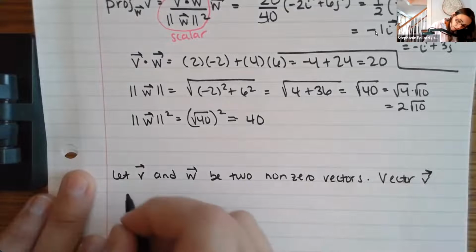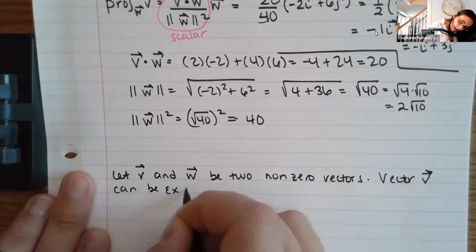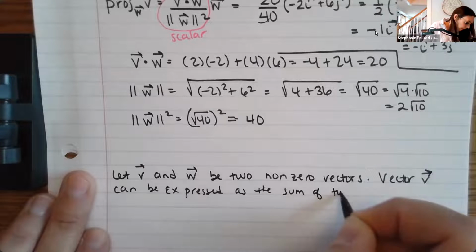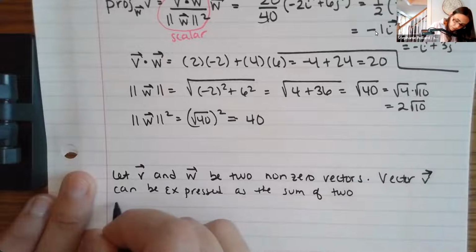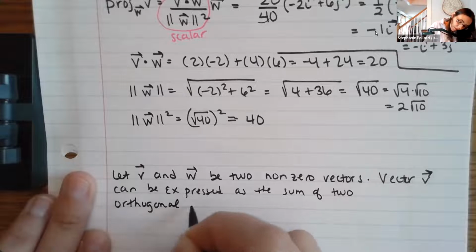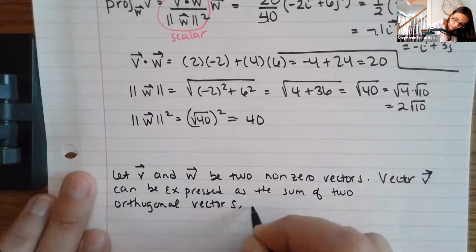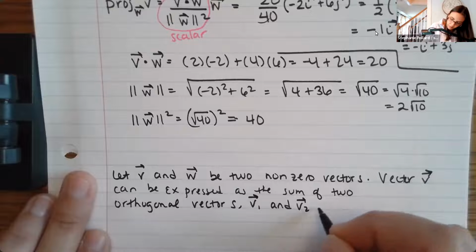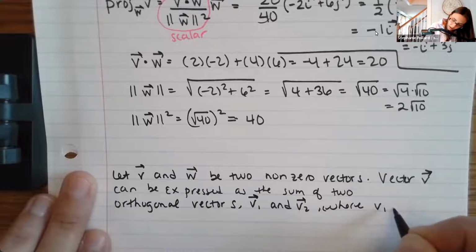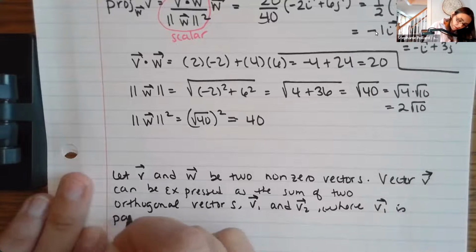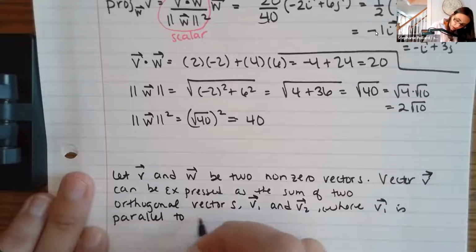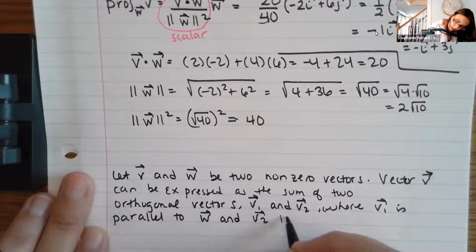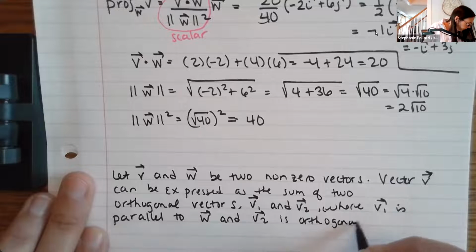Vector v can be expressed as the sum of two orthogonal vectors, call them v1 and v2, where v1 is parallel to w and v2 is orthogonal to w.